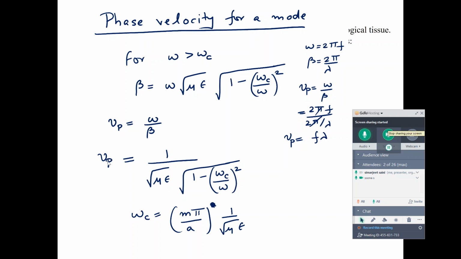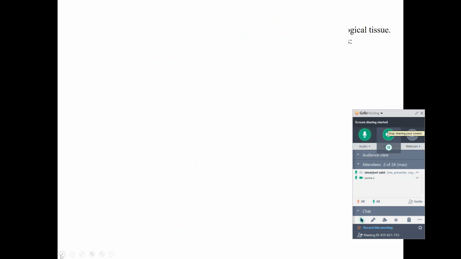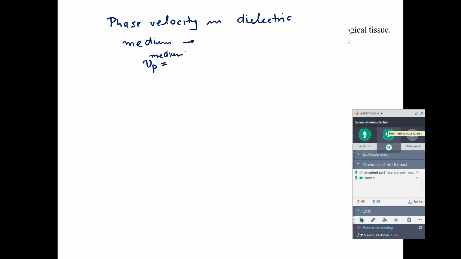So now one thing you notice here is this 1 by square root of mu epsilon is nothing but the phase velocity in the medium. The phase velocity of the dielectric, Vt in the medium, is 1 by square root of mu epsilon.